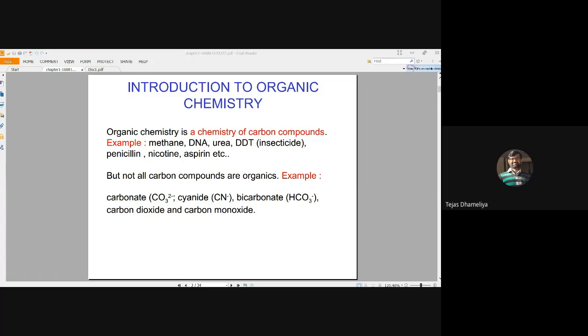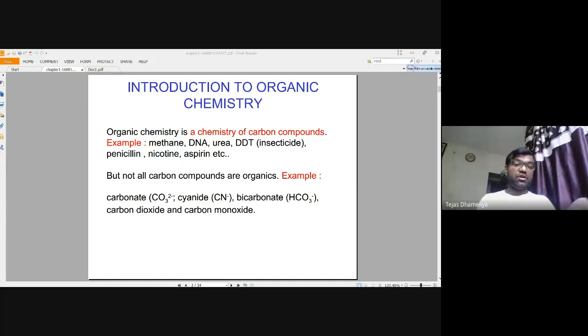So this is the potential source for generating a particular compound named penicillin, which is a kind of antibiotic. It is the first antibiotic which was discovered.